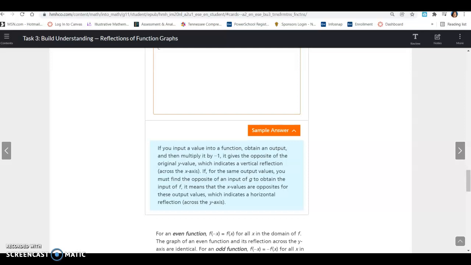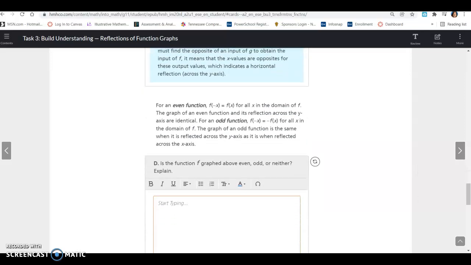If for the same output value you must find the opposite of an input of g to obtain the input of f, it means that the x values are opposite for these output values, which indicates a horizontal reflection, which is across the y-axis. Okay?